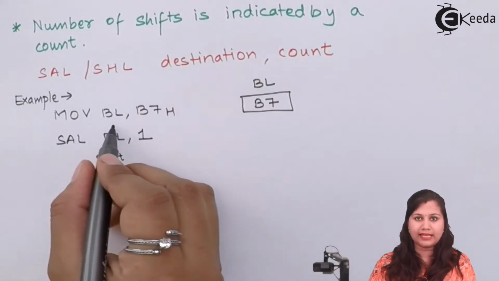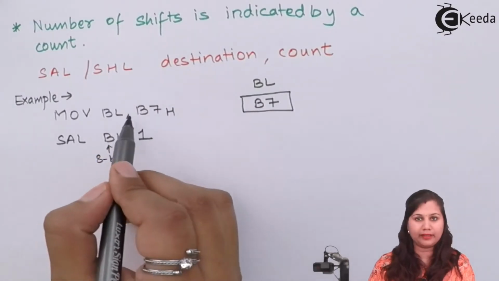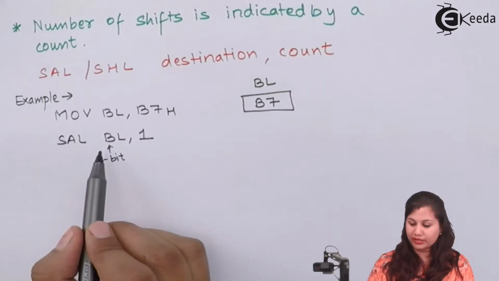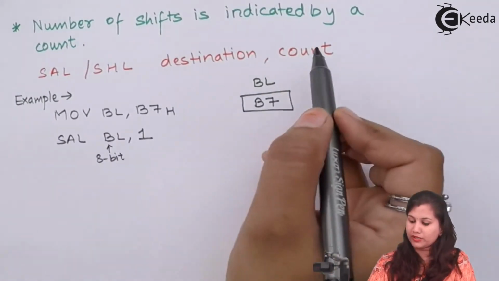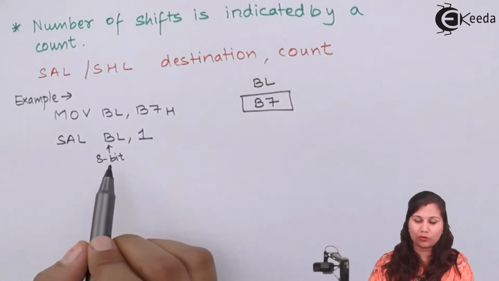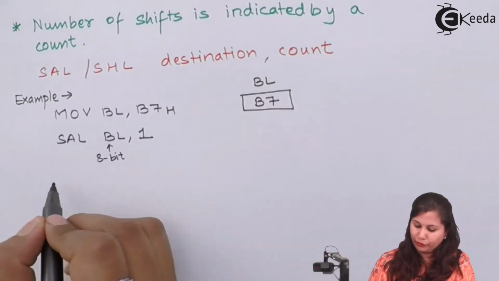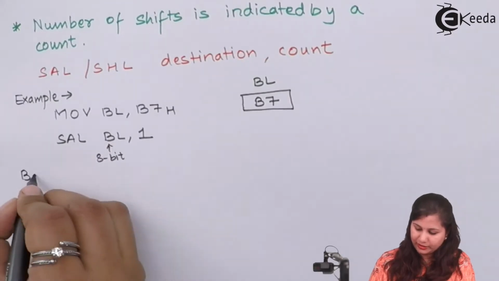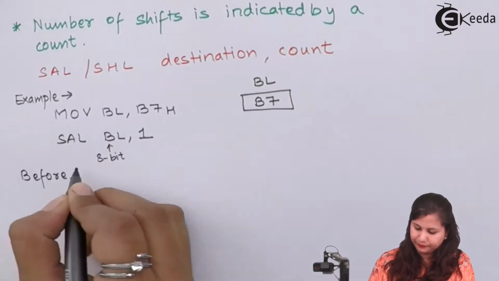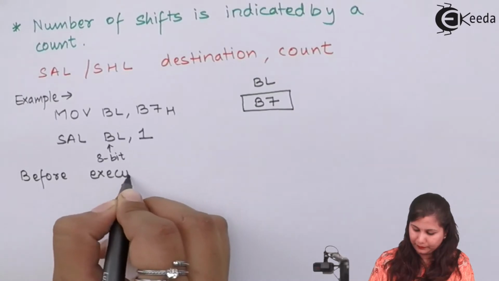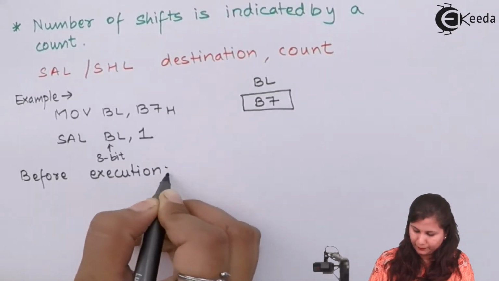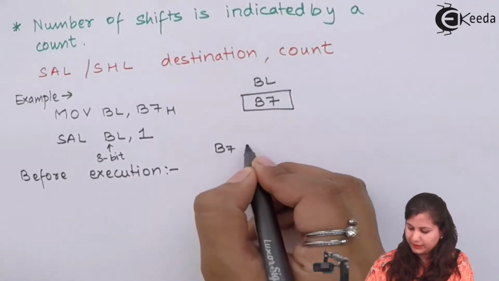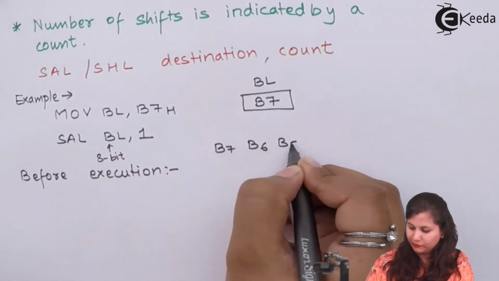H means it is hexadecimal, and it is an 8-bit number. Now this 8-bit number has to be shifted to the left side by 1 position, because here the count value is given as 1. So if we see before execution, the contents of the BL register, if we see the bits here, are B7, B6, B5.